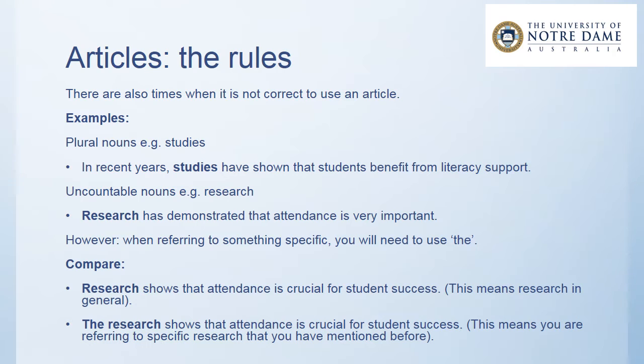The research shows that attendance is crucial for student success. If I use the in front of research in this sentence, this means that I am referring to specific research that I have mentioned before. Like in our previous slide, we talked about using the for the second time I've mentioned something. So if this is the second time I'm mentioning this particular research, I will use the.